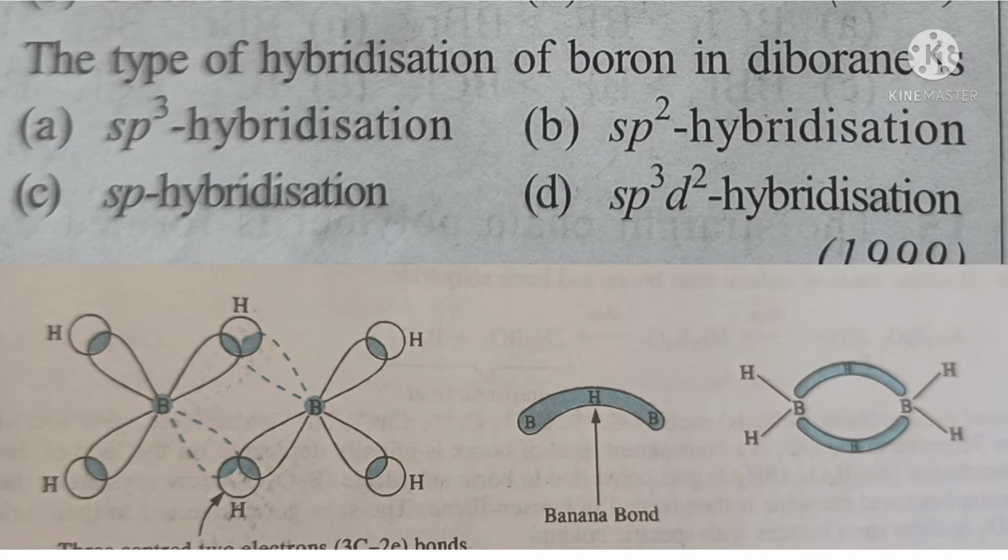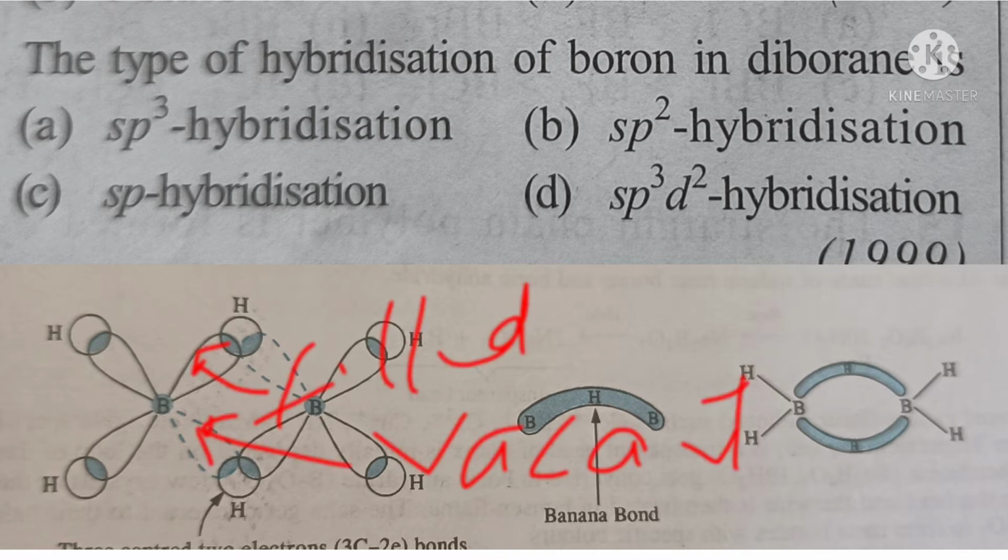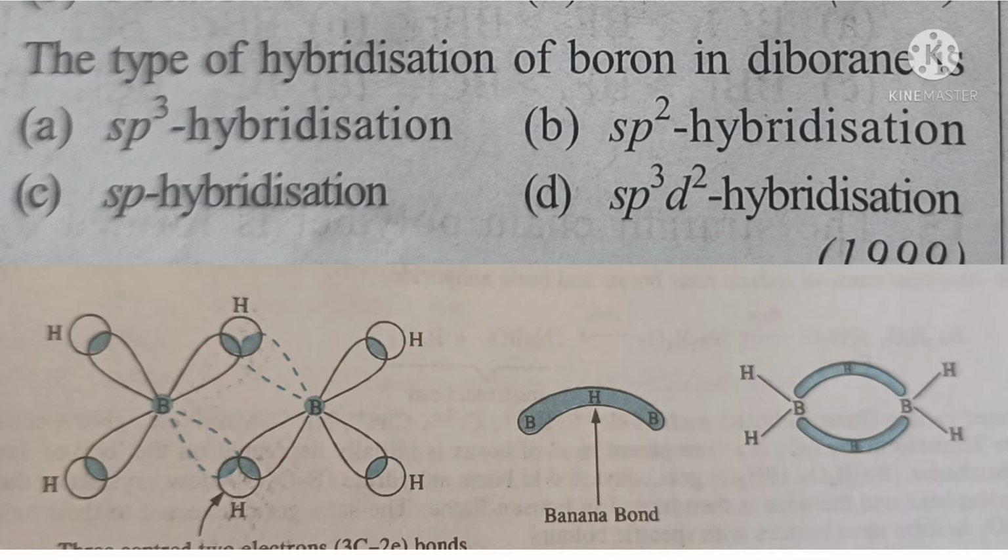So 2 orbitals of each atom form sigma bonds with 2 hydrogen atoms, while one of the remaining hybrid orbitals, either filled or empty, and one s orbital of hydrogen atom and one of the hybrid orbitals of the other boron atom overlap to form a 3-centered 2-electron bond. So there exist 2 such 3-centered bonds.